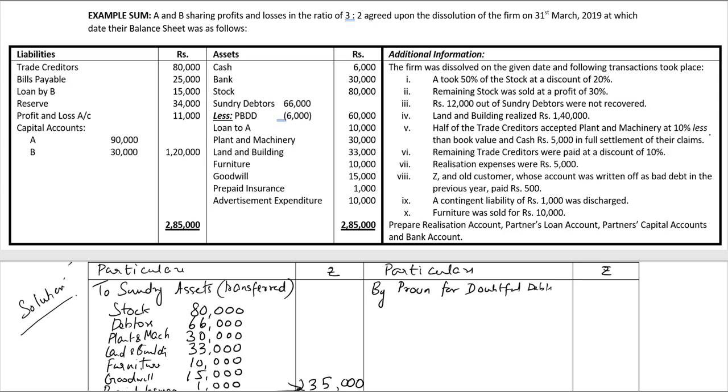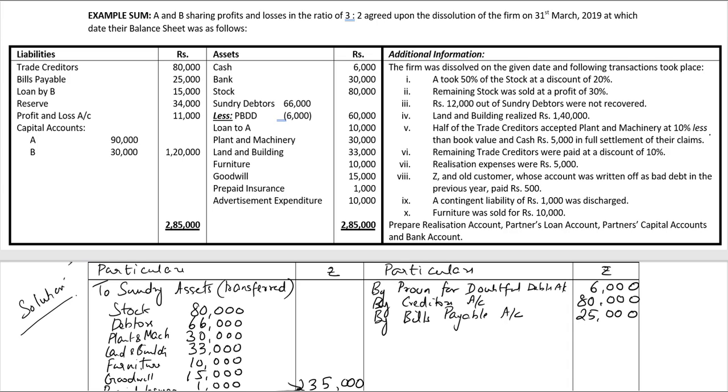By provision for doubtful debts account, 6,000 rupees. By creditors account, 80,000 rupees. By bills payable account, 25,000 rupees.